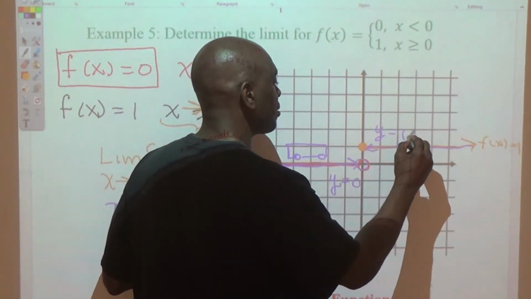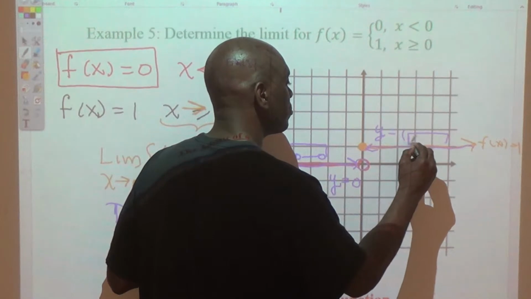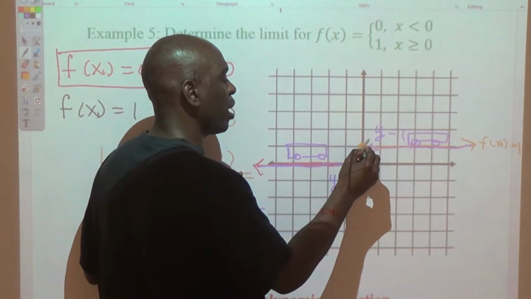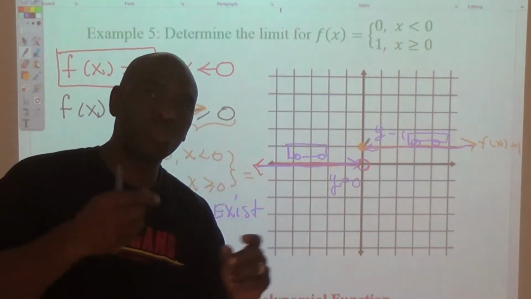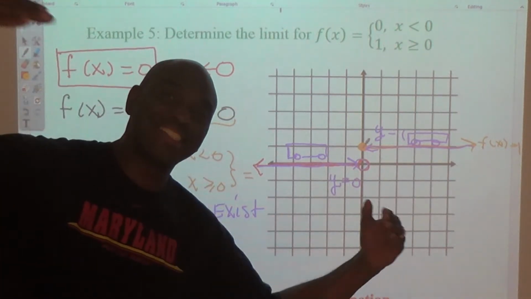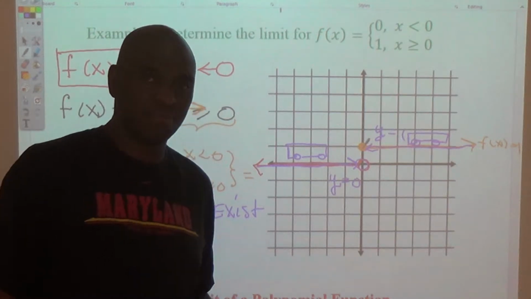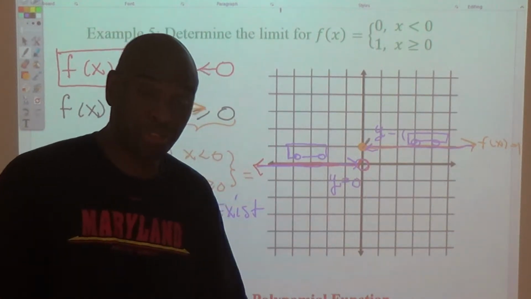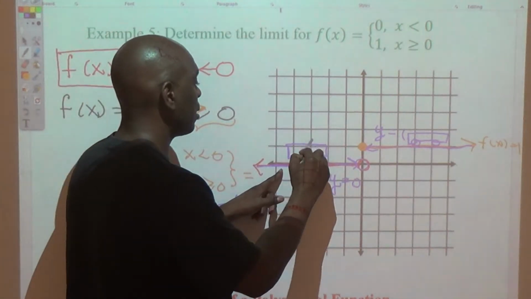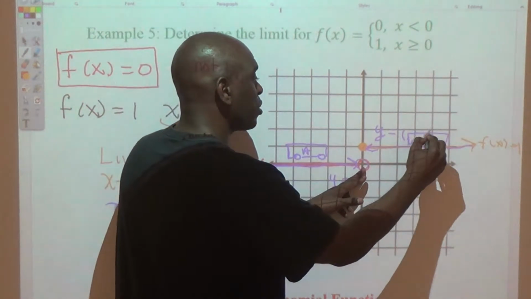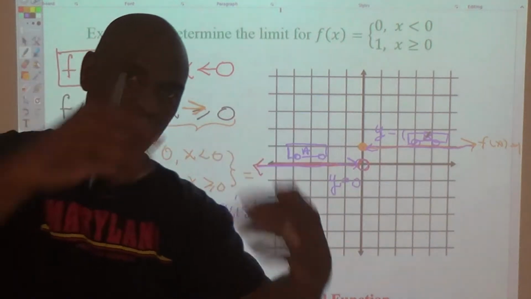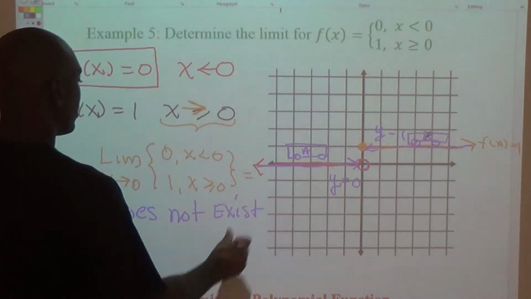As this bus comes into the station, the station is up here at 1. The buses can't go to 2 different stations. If the limit is going to exist, the buses must go to the exact same station. And if they go to 2 separate stations, then the limit does not exist. That's what's happening here. Bus A is going to this station, bus B is going to the other station, therefore no limit. They must go to the same station. All right. Does not exist.